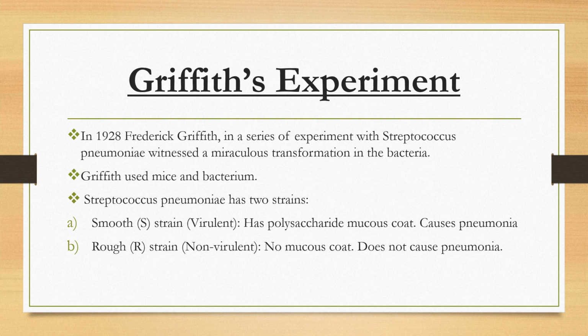It was not pathogenic, so non-virulent, and it was not causing any kind of pneumonia. This is how they were classified: S means smooth, which is pathogenic, and R is rough, which is non-pathogenic. So he used both the strains of bacteria.